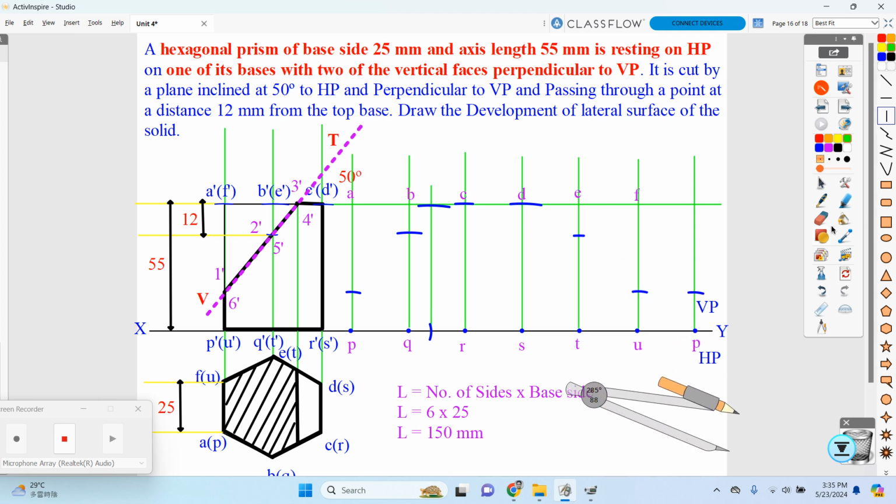For connecting these points I'm going to consider a dark line. So from here one point, then from this point is your second one, then this is your cutting plane point.